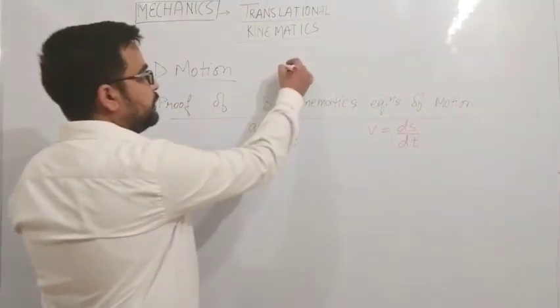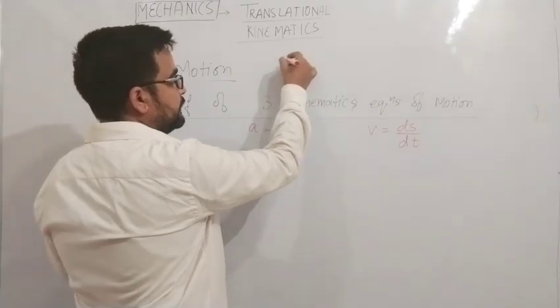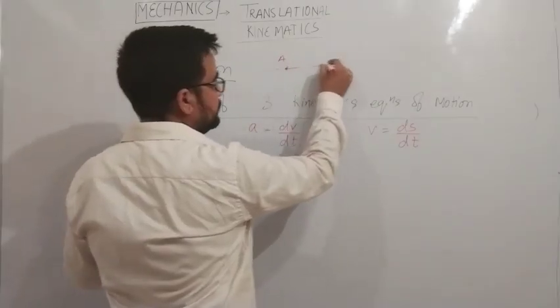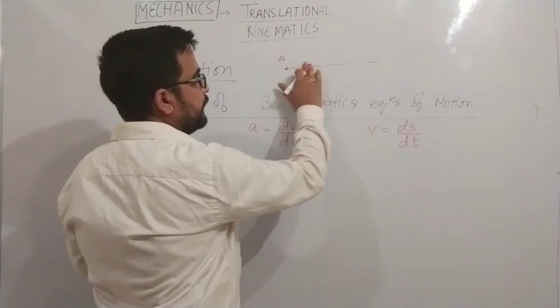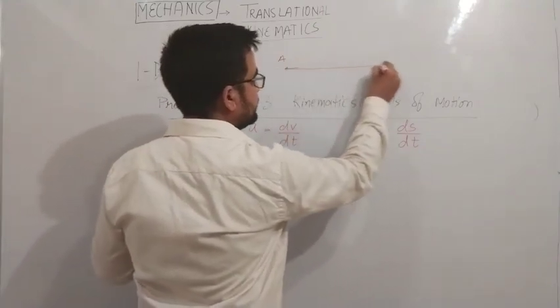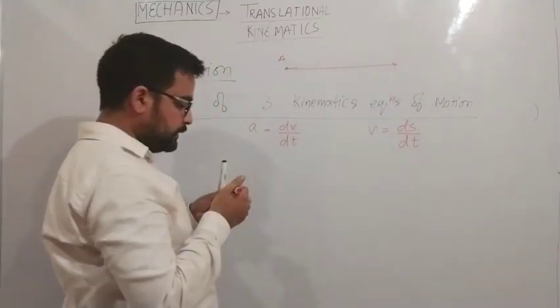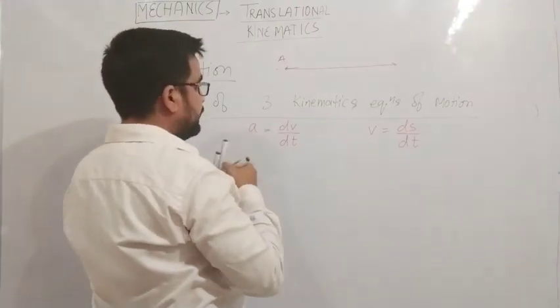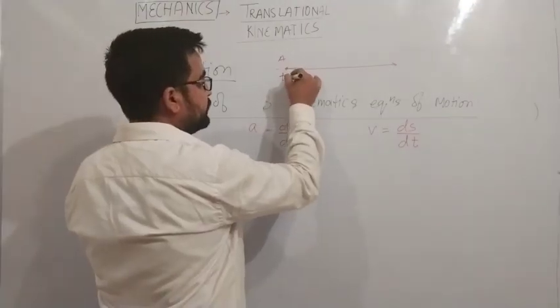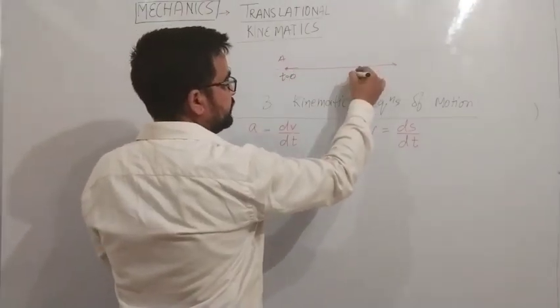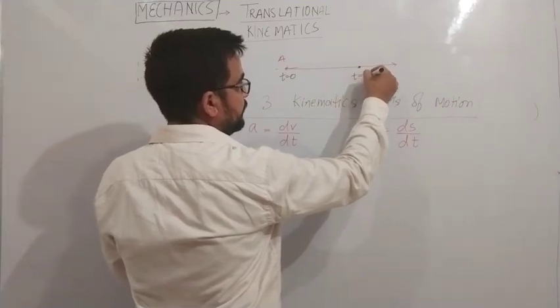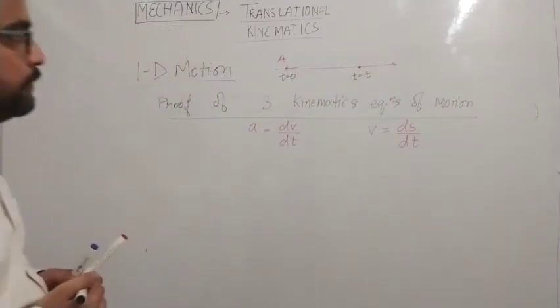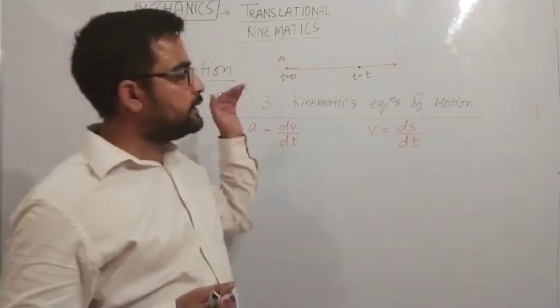Suppose the particle was at A, initially I am taking it as origin, the starting point, and now it is moving in this direction along this straight line. At time t is equal to 0 it was here, and at time t is equal to t it is here, moving in the same direction.